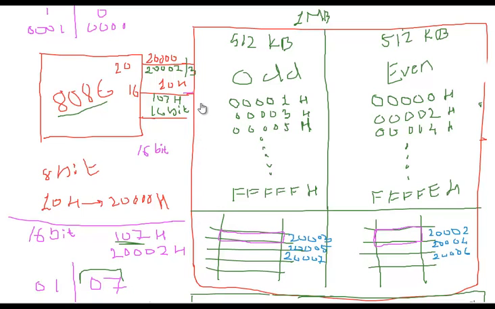So in one operation, address selected both locations, and now the data transfer will take place. The 16-bit data bus will send 07 to the even bank and 01 to the odd bank. Since 07 is the lower byte, it will accommodate the lower position, that is 20002, and 01 is the higher byte, so it will accommodate the higher position, and that is 20003.